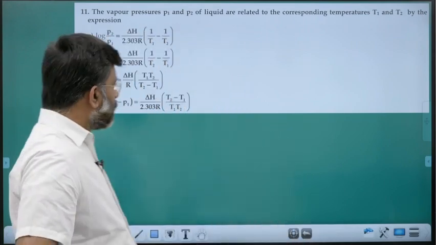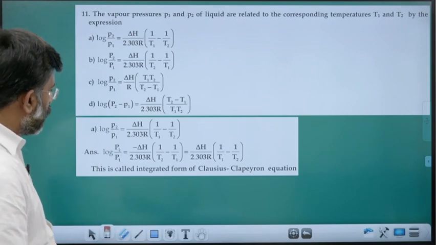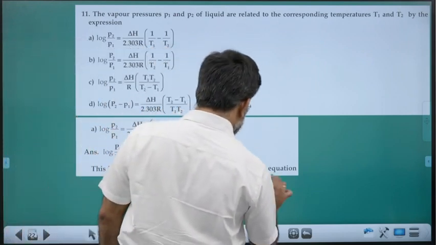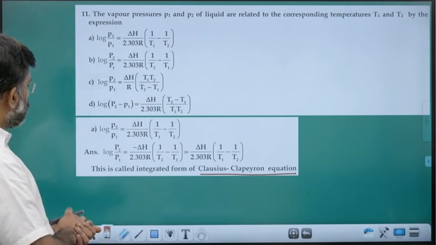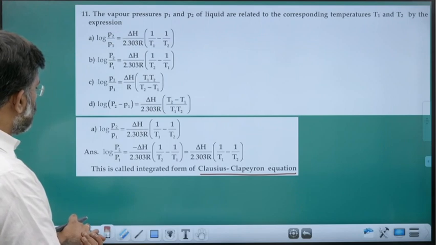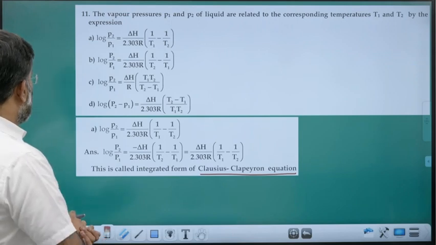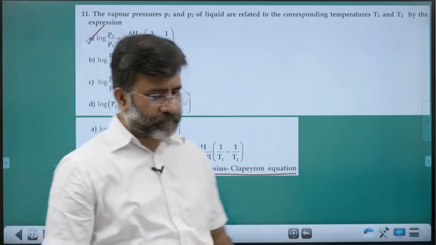So it is better to learn that very famous equation, the Clausius-Clapeyron equation. That is log P2 by P1 equal to delta H by 2.303 R into T2 minus T1 by T1 T2, or 1 by T1 minus 1 by T2. Option A is the correct answer.